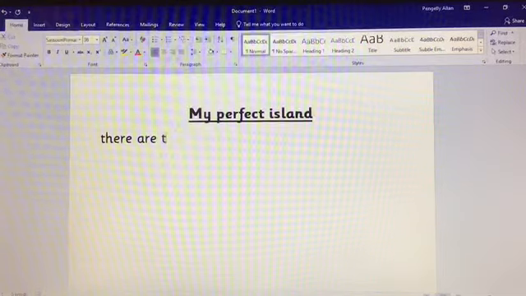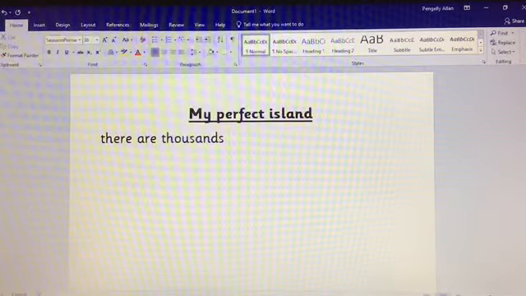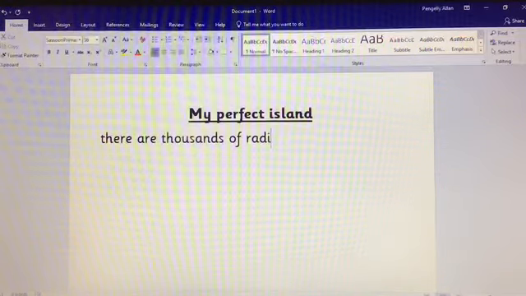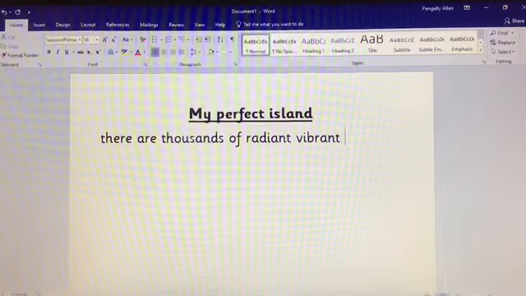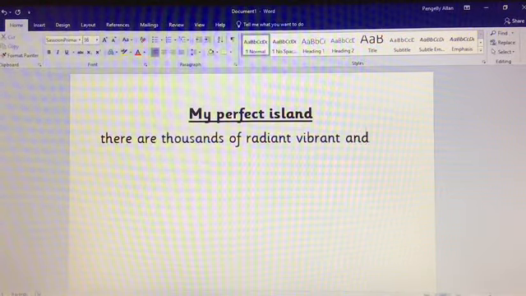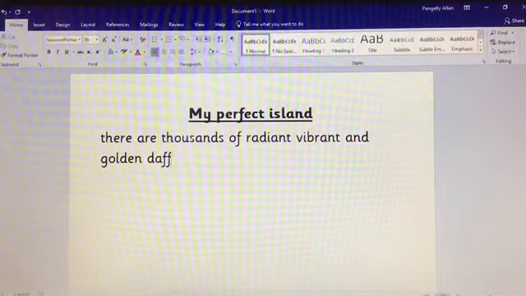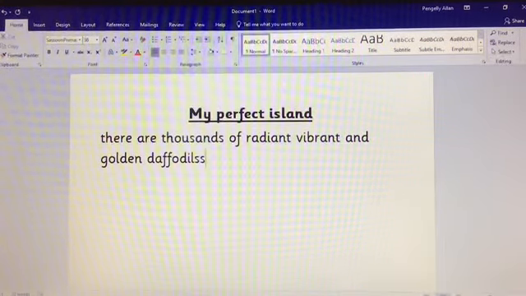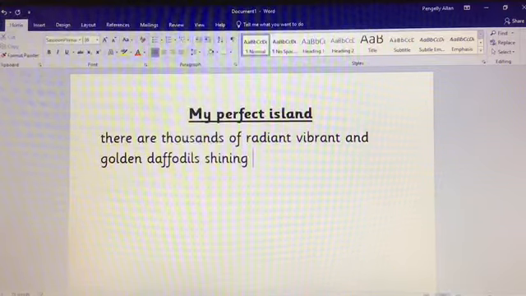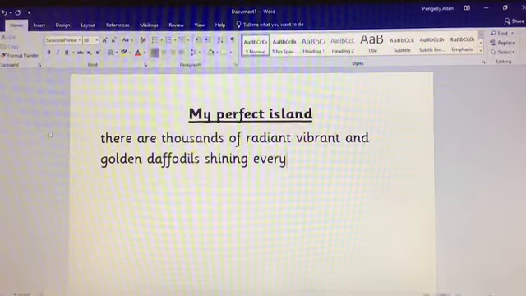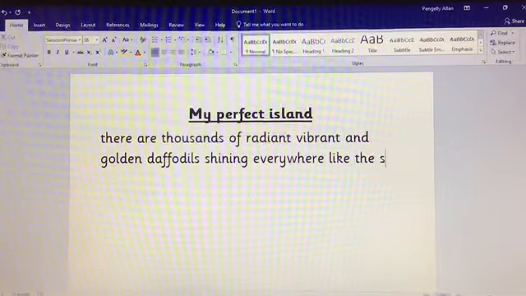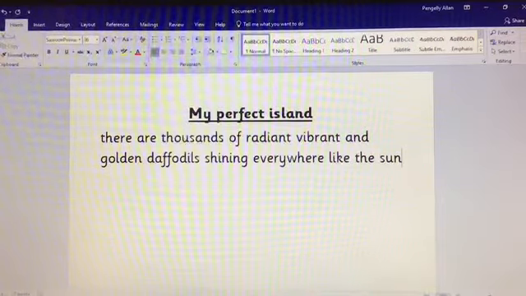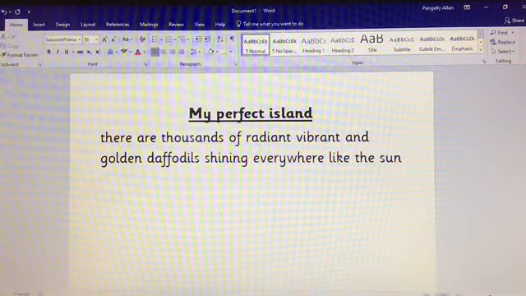There are thousands of radiant, vibrant, and golden daffodils shining everywhere like the sun.